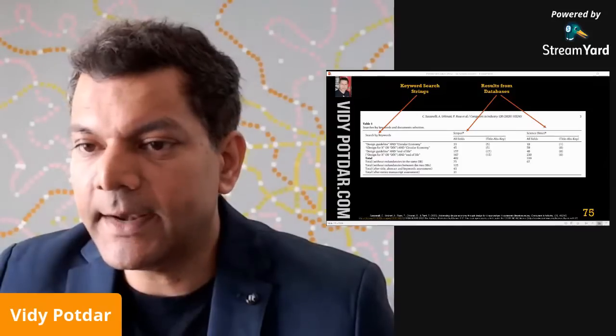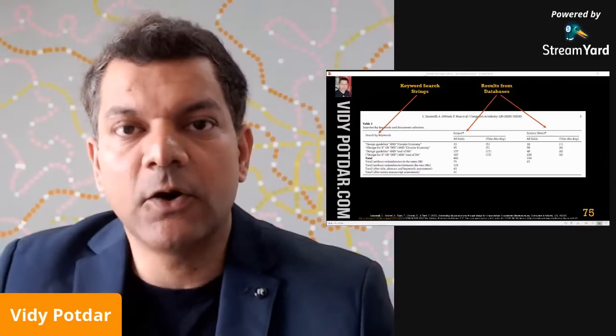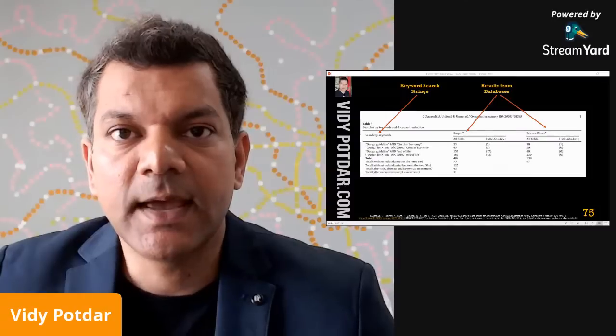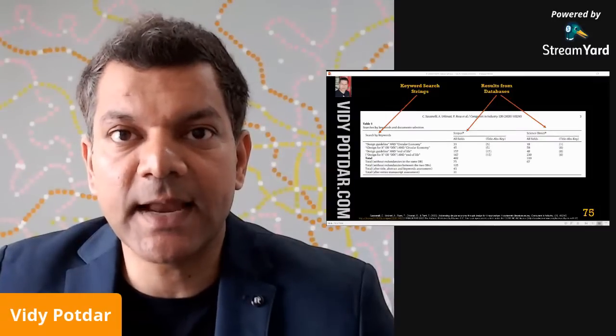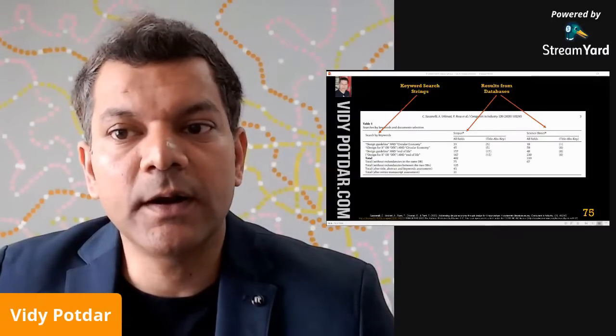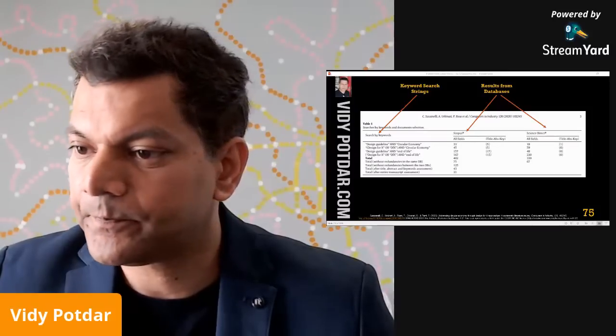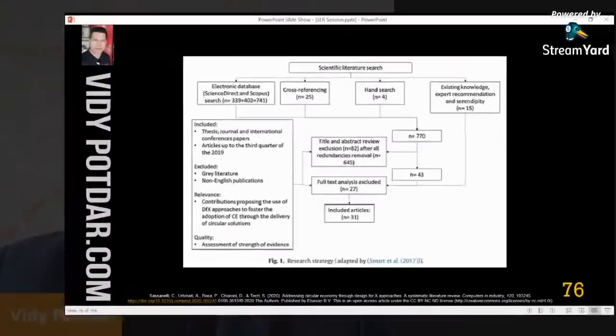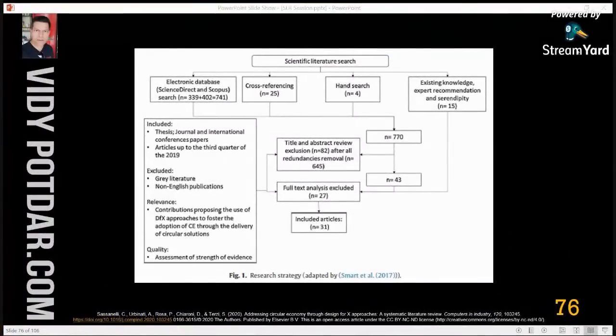So when you're reading other research articles, also keep an eye on what they report in their findings section, and whether that is something that you can apply for your study as well. This one shows their process of research.